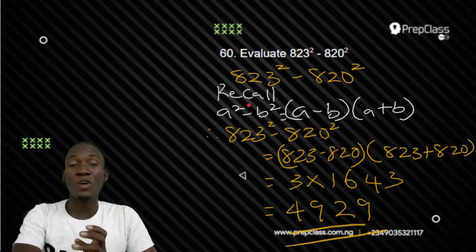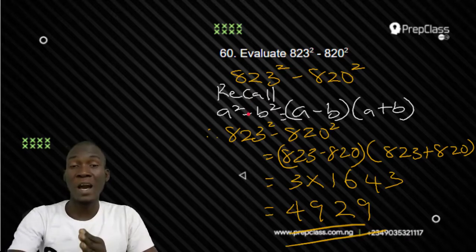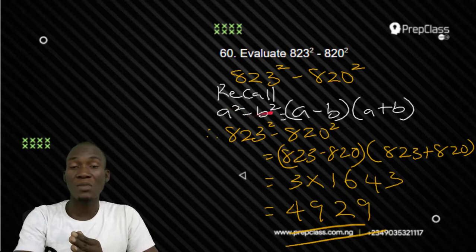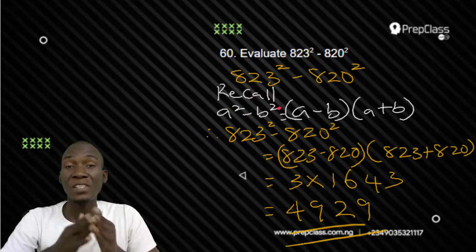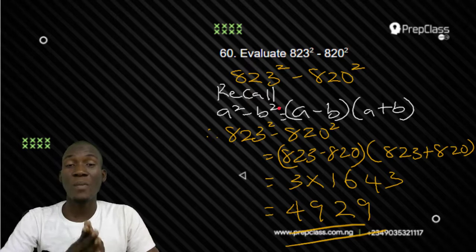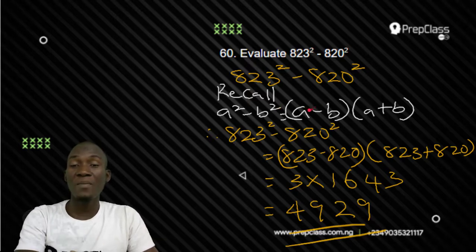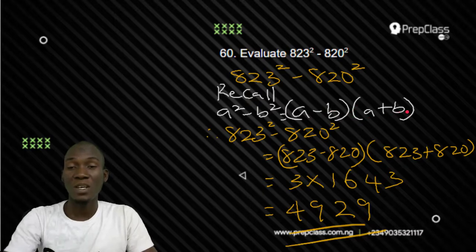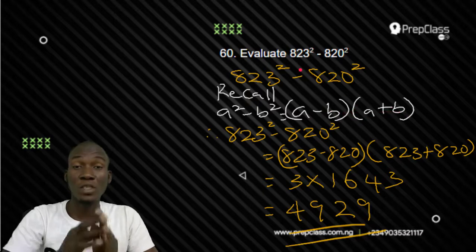Now, we have to recall from the laws of algebra, whenever we have a squared minus b squared, we call this difference of two squares. a squared minus b squared is going to give us a minus b in a bracket, then multiply by another bracket, a plus b. So this is what we are going to use to solve this question.